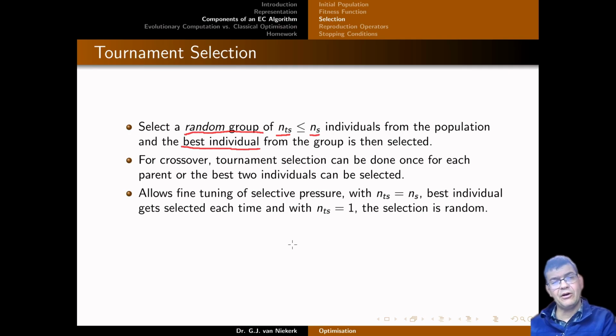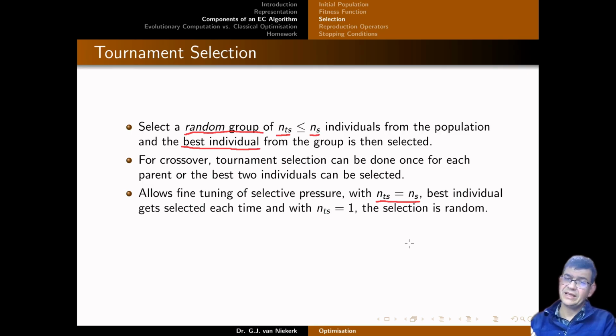Now, what's really powerful with tournament selection is that it can be fine-tuned exactly to what you want. If you think about it, if NTS is equal to NS, so the entire population becomes your subgroup, and you select the best individual from that, it means you basically have elitism. That's maximum selective pressure.